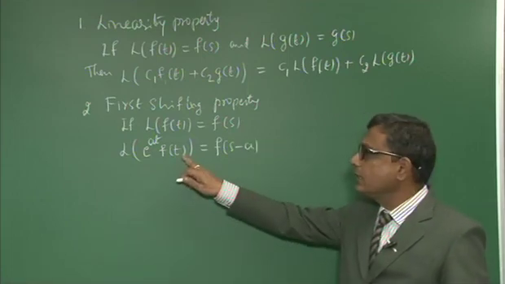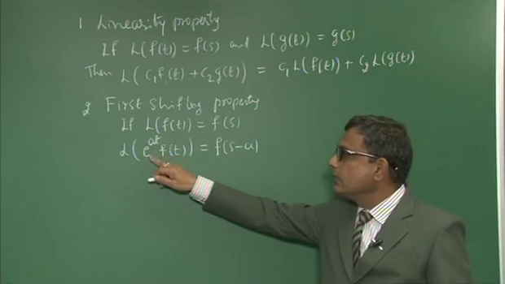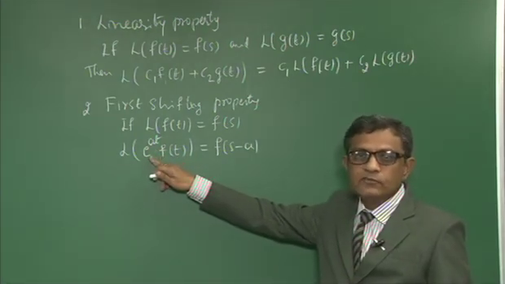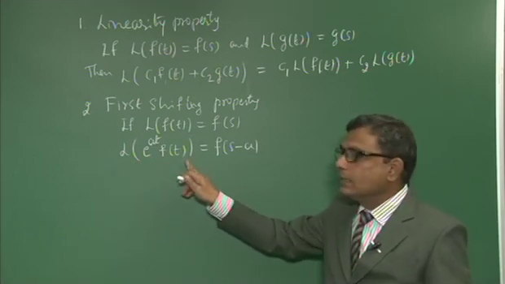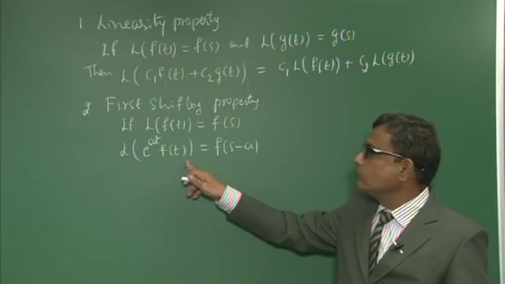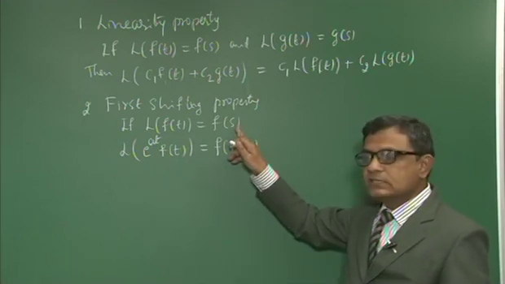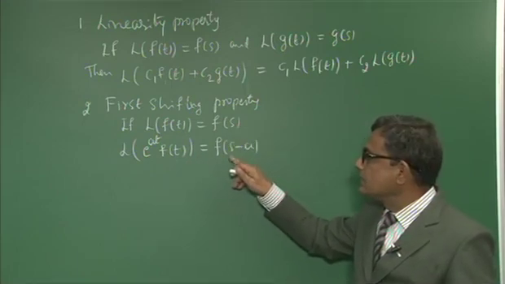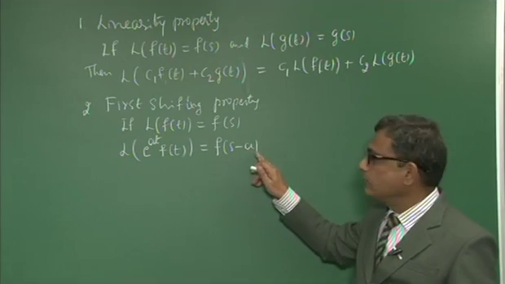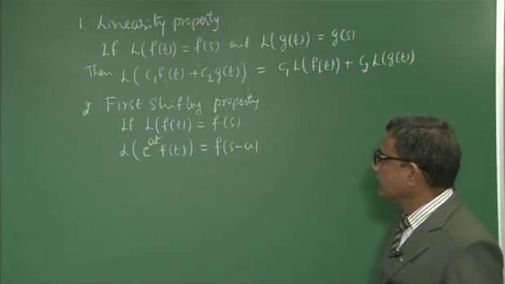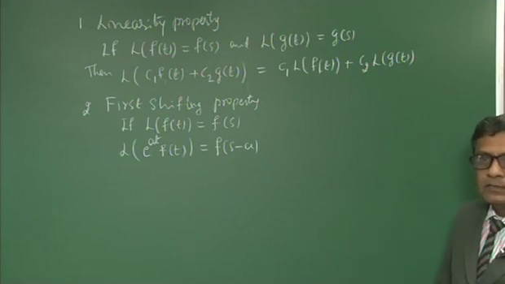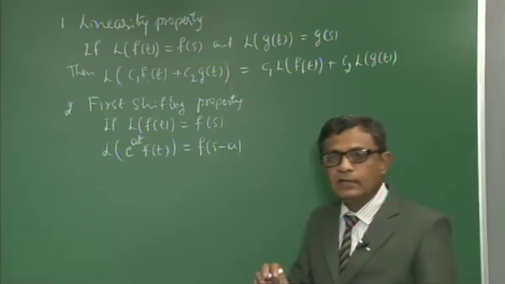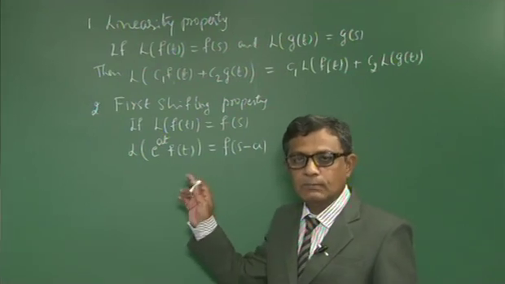If the function f of t is multiplied by the exponential function e raised to at, if you take its Laplace transform, s changes to s minus a, F of s minus a. Now this proof is also very simple, just by using the definition of Laplace transform.